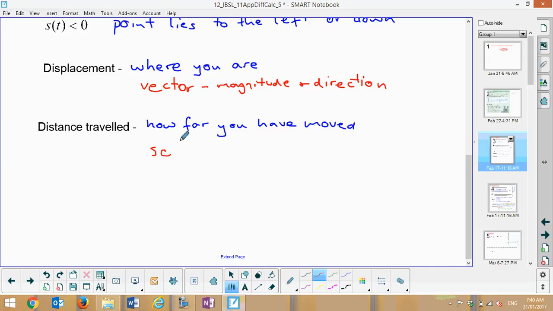Whereas the distance travelled is a scalar, which means it only has magnitude, and that means it can be only positive. Whereas our displacement, because it has magnitude and direction, can be positive or negative.